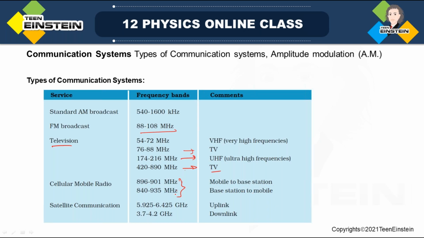Satellite communication has bands in the range of gigahertz, with uplink and downlink, so their frequency ranges are different.